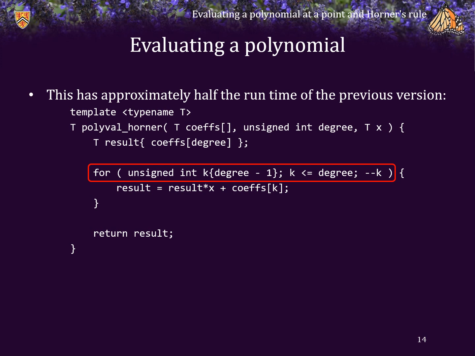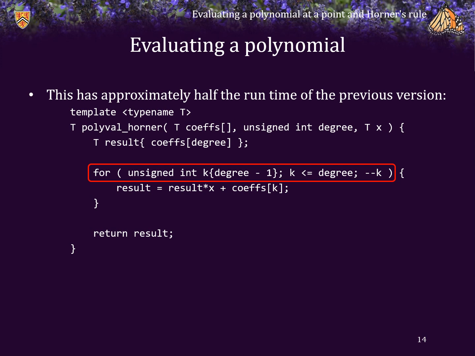You're wondering, why is that condition there? Well, notice that k is an unsigned int. So once k is 0, 0 minus 1 is no longer a negative number, but through underflow is now the maximum integer value.